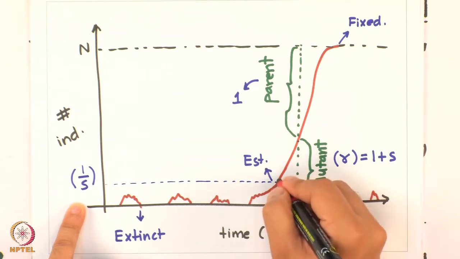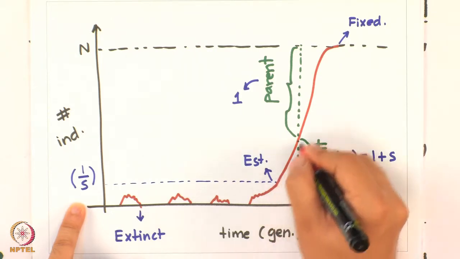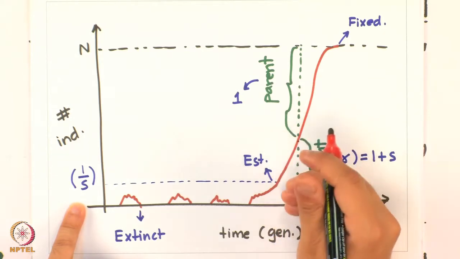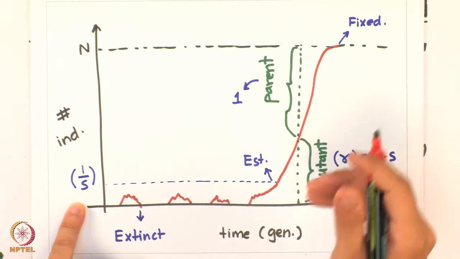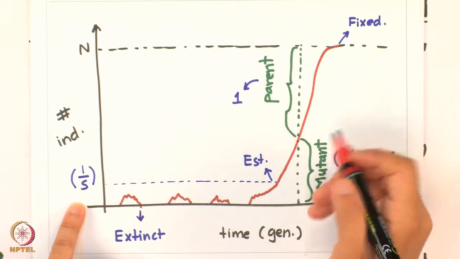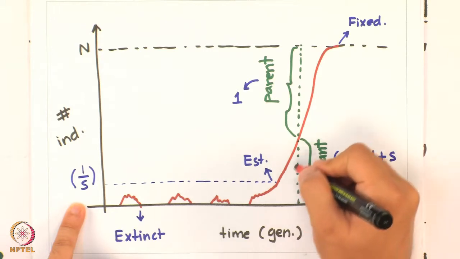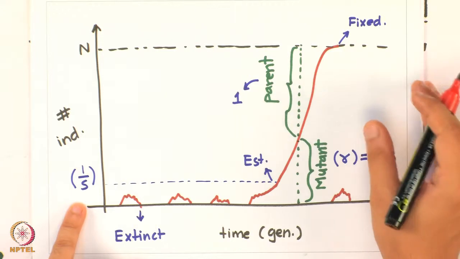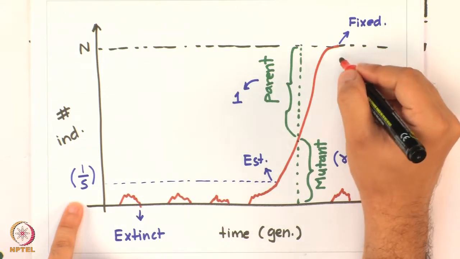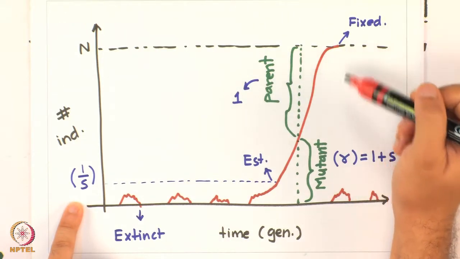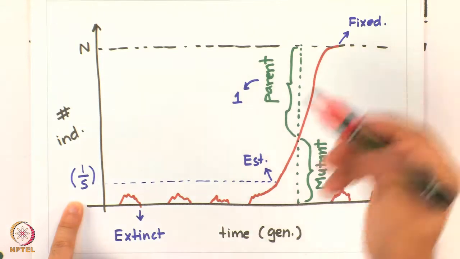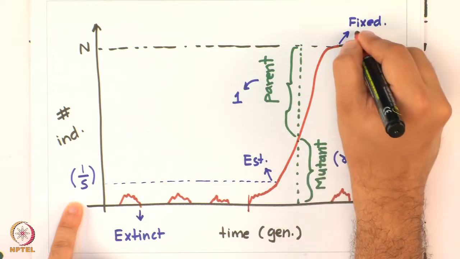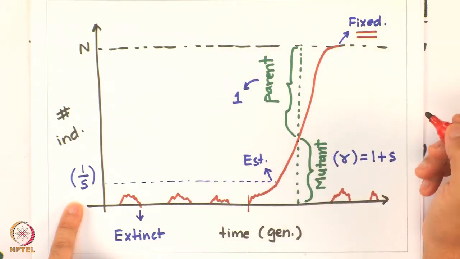Now we have a mutant population which is fitter than the wild type, and selection is going to be dominant over the stochastic effects, and selection ensures that the mutant is able to eliminate the wild type from the population completely. Eventually, when all n individuals in the population belong to the mutant genotype, we say that this mutation has become fixed in the environment.